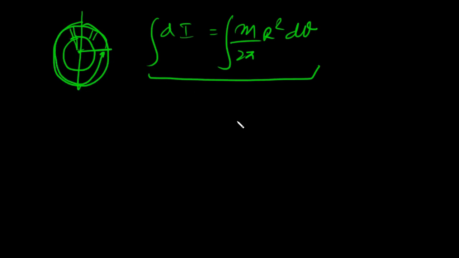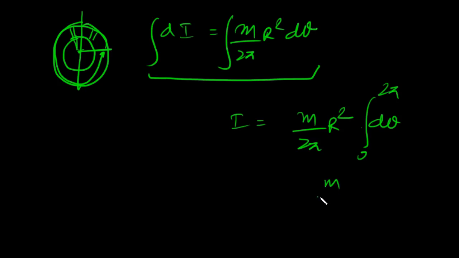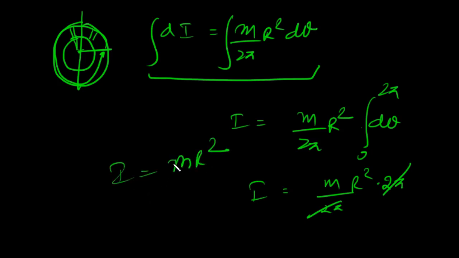So I would be equal to m by 2 pi r squared times d theta, and we will integrate d theta from 0 to 2 pi. So m by 2 pi r squared times 2 pi, this will cancel out. So I for a ring would be equal to m r squared, where the axis passes through the center of the ring.